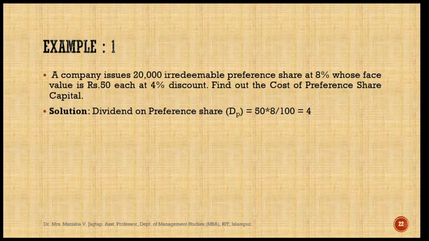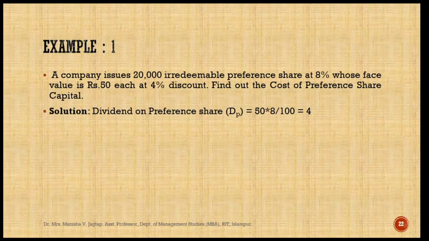First, we will calculate dividend on preference shares. So how to calculate that? It is already given in the example that a company issues 20,000 irredeemable preference shares at 8%, whose face value is rupees 50.